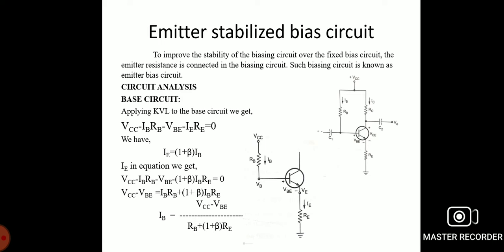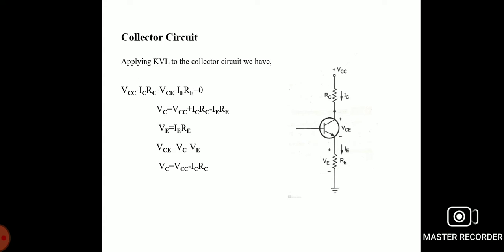Next we move to the output side, that is the collector circuit. Applying Kirchhoff's voltage law to the collector circuit, we have the supply voltage VCC connected through the collector resistance RC to the output side.